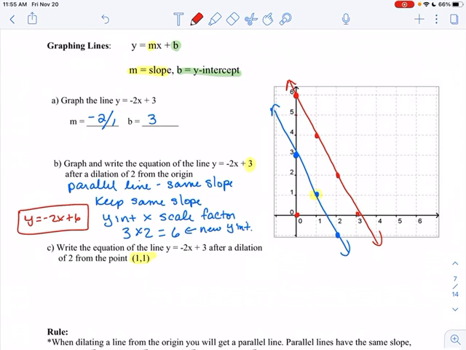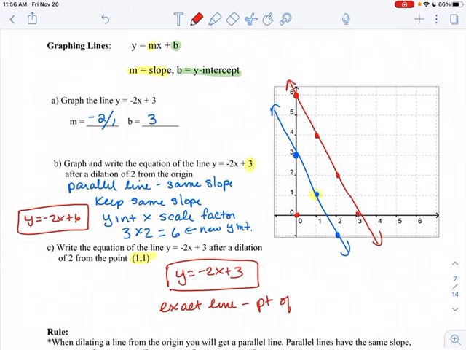And we learned on the first page that if you dilate a line from a point on the line, you just get the exact same line. So I'm not going to change my y-intercept. The slope is the same and the y-intercept's the same because it's the exact line. The point of dilation is on the line.